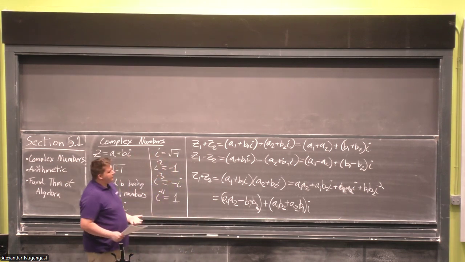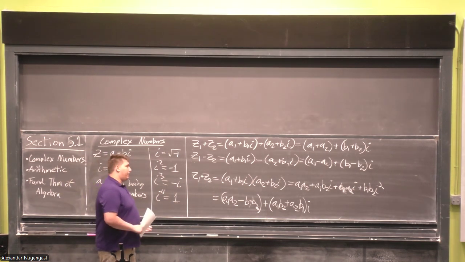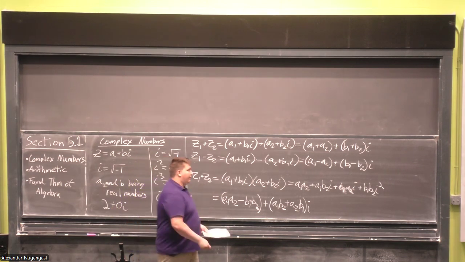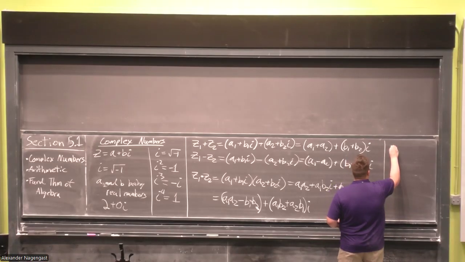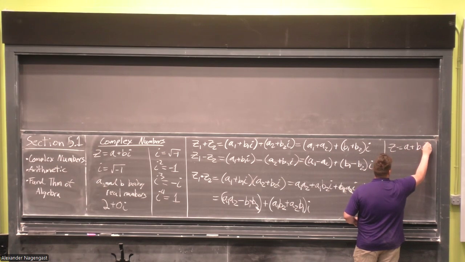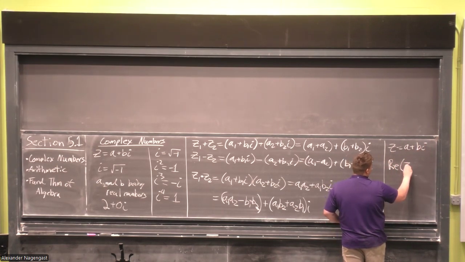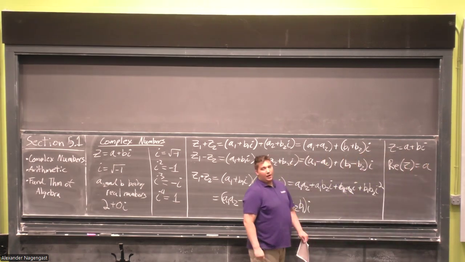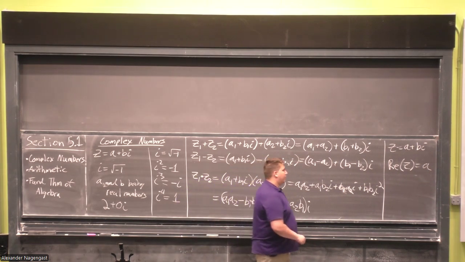So I've been referring to these things as real parts and imaginary parts, and we have to have a way of describing that, of writing that down. So if I have z being equal to a plus bi, I could have the real part, Re of z, that will be just a. I'm referring to anything that doesn't have an i attached to it.